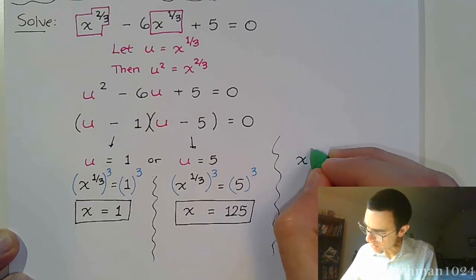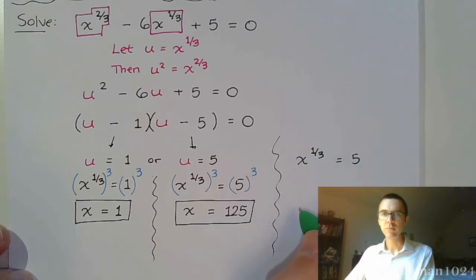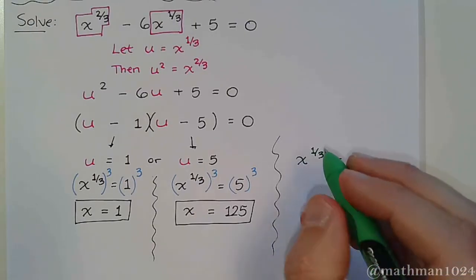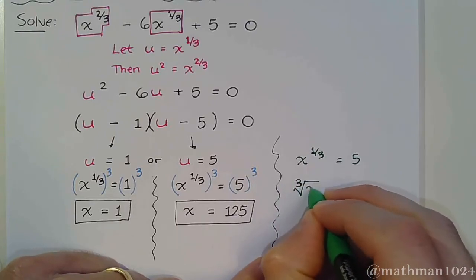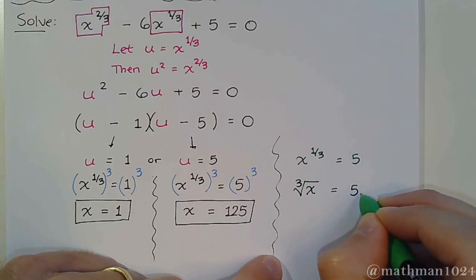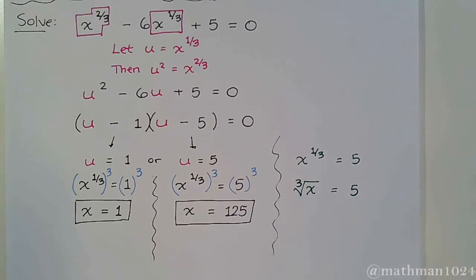When I have x to the 1/3 equal to 5, remember what we said about x to the 1/3. X to the 1/3 really means the cube root of x. So whether you say x to the 1/3 or the cube root of x, they're the same thing.